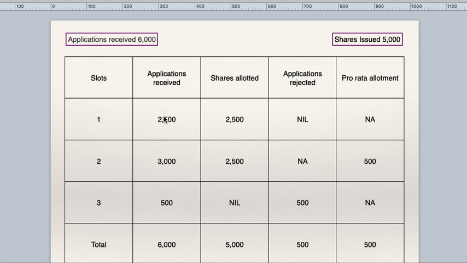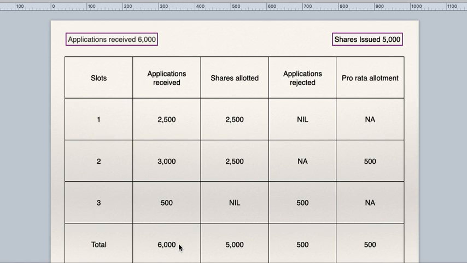So total number of applications received are 2,500 plus 3,000 plus 500 is 6,000. Shares allotted are 2,500 plus 2,500 plus 0, 5,000. So number of applications rejected are 500. Pro rata allotment applications are 500.